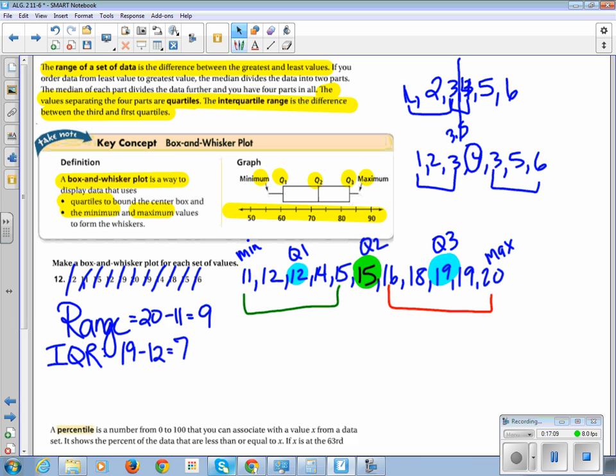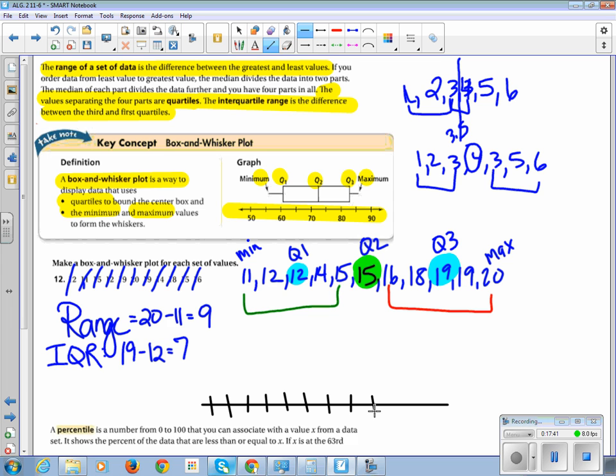All right, so let's make a little plot. So I'm going to get my line out. So I have a line, and I know I definitely need 9 tick marks, so here is 11, 12, 13, 14, 15, 16, 17, 18, 19, 20, and I'll put 21.